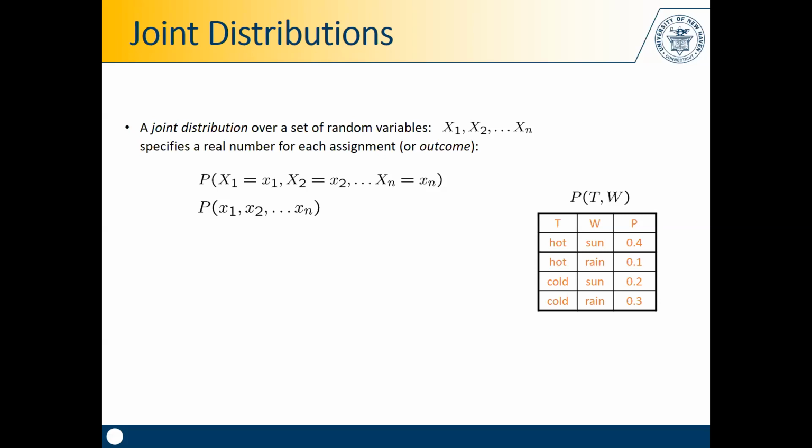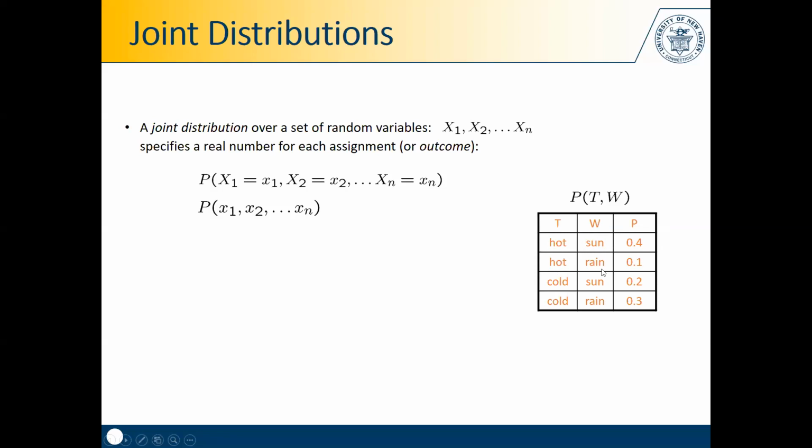The temperature can be hot and the weather can be sunny. What's the probability of these two assignments occurring in a particular outcome? Temperature being hot and the weather being sunny, these two happening at the same time, has a probability of 0.4. This is the joint probability of these two outcomes happening at the same time.